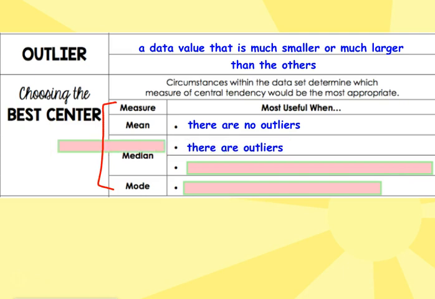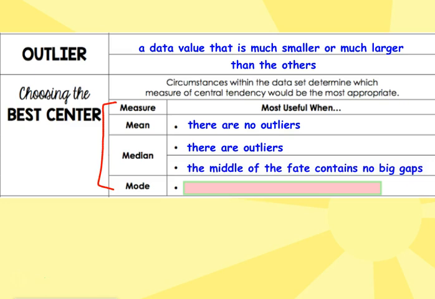You would use a median when there are outliers, because those outliers throw off the average, or when the data in the middle contains no big gaps.